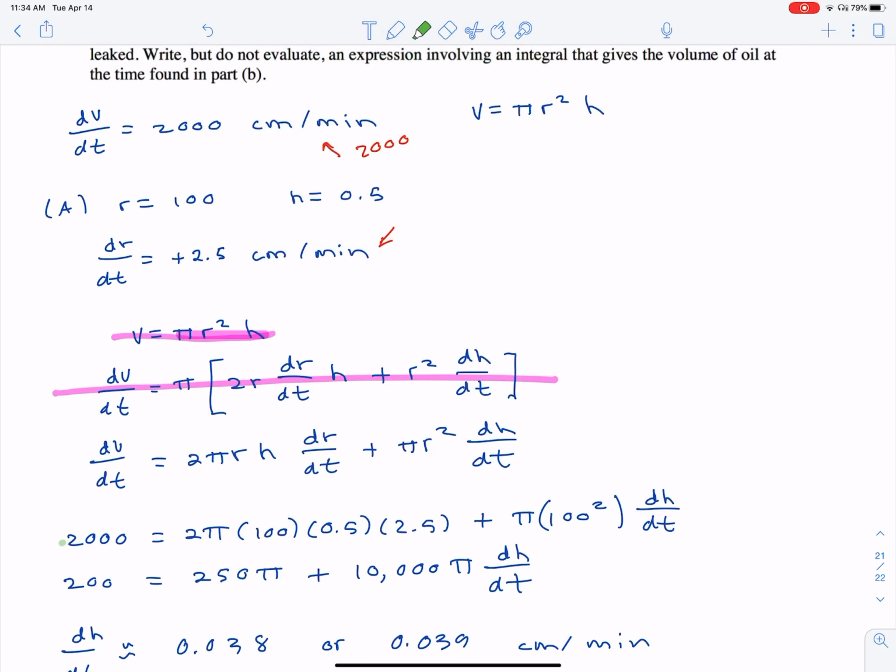Okay, that's one of your points. Then you got 2 points for this right here, either this piece or this piece. In other words, you took the derivative correctly. Okay, and then finally, there was, let's see, I've done 1, 2, 3.